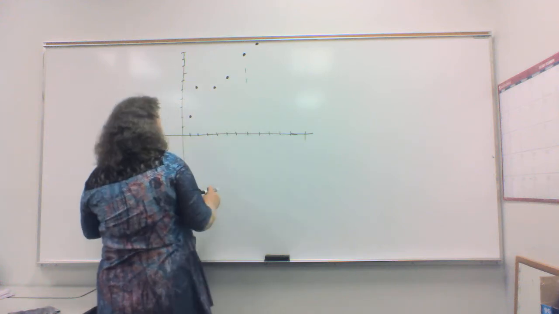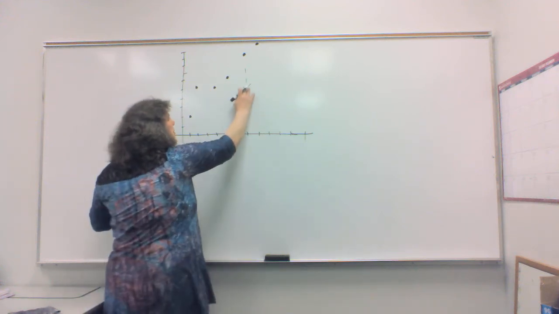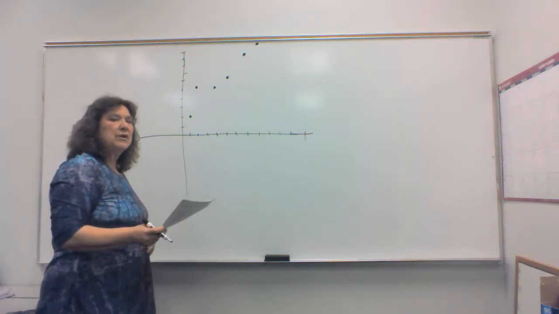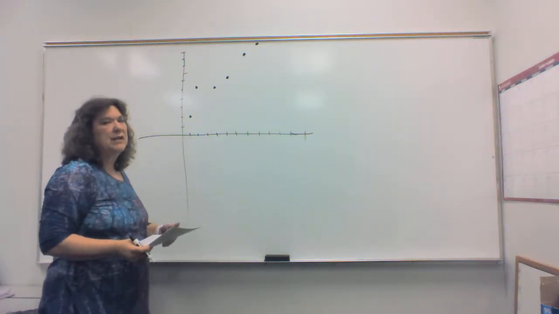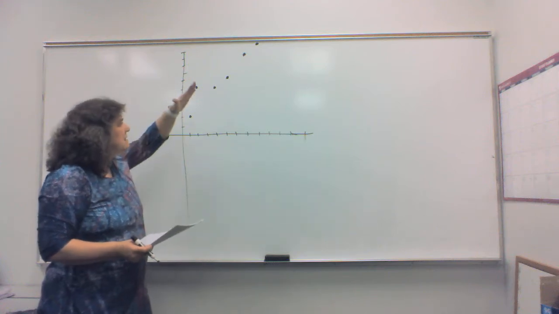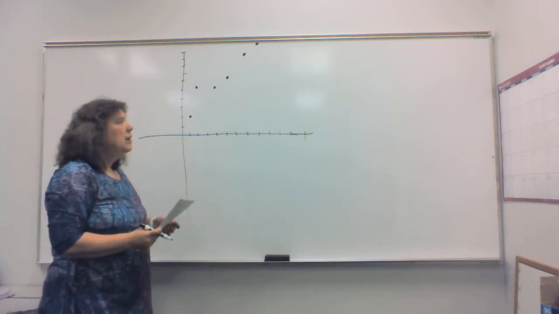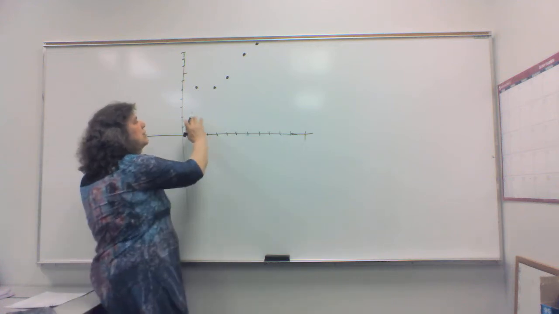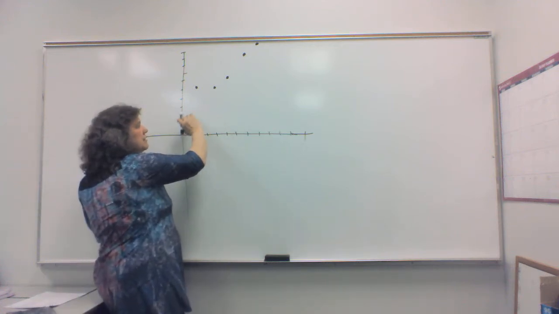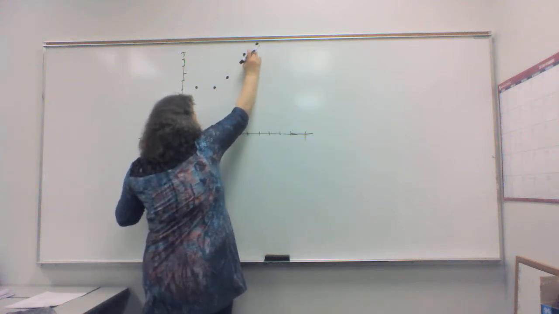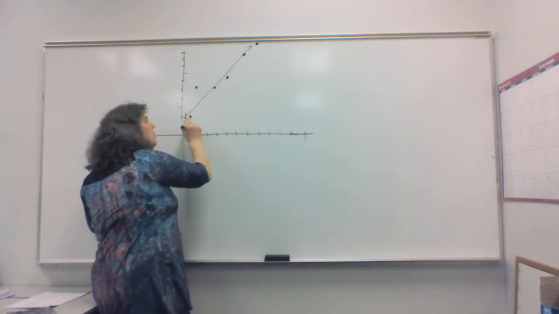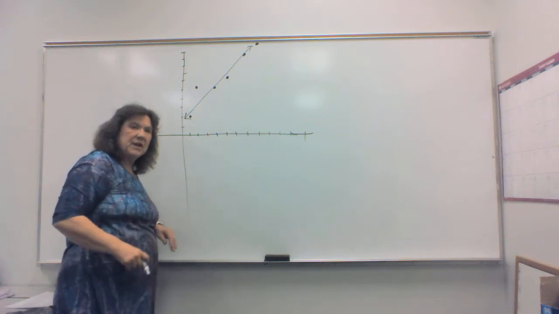Okay, now notice, these ordered pairs do not all lie on the same line, which is fine. In correlation, we're not necessarily looking at ordered pairs lying exactly on a straight line. But you will notice if you look at this, the general direction of these dots is from low to high, and they tend to form a linear or line type of direction.